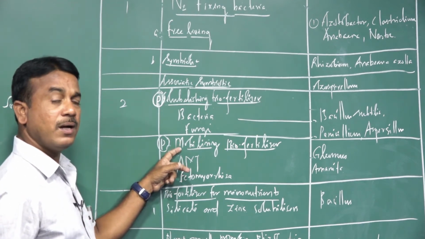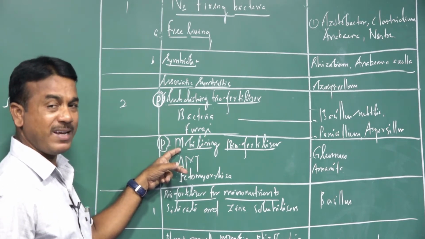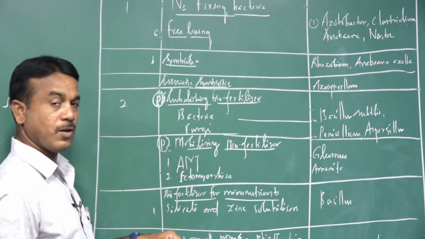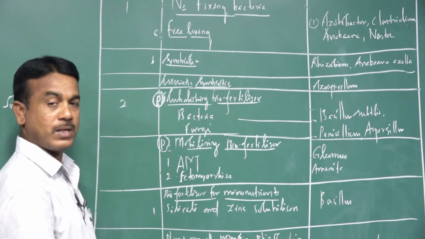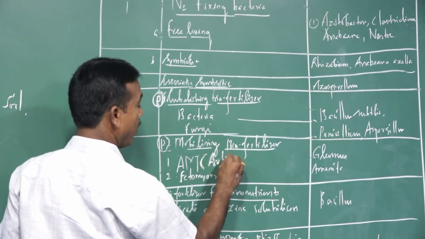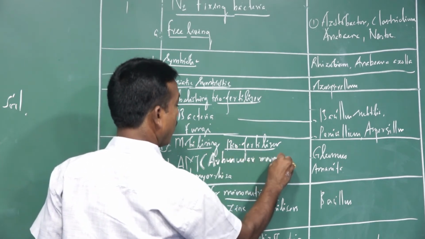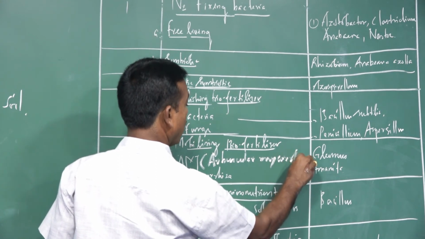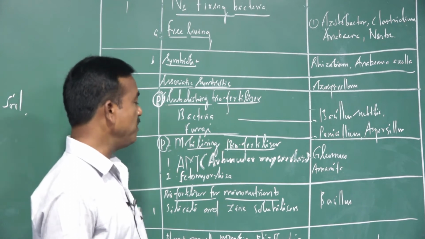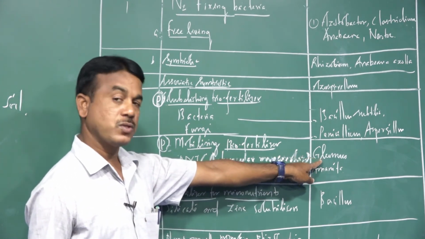What is mobilizing? After solubilization, the phosphate must be moved from cell to cell. That's called mobilizing and mobility. Phosphate mobilizing biofertilizer: AM, which stands for arbuscular mycorrhiza. The arbuscular mycorrhiza used as mobilizing biofertilizer is commonly called Glomus.